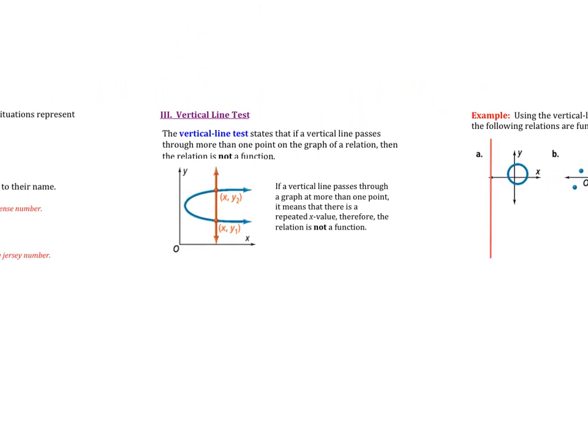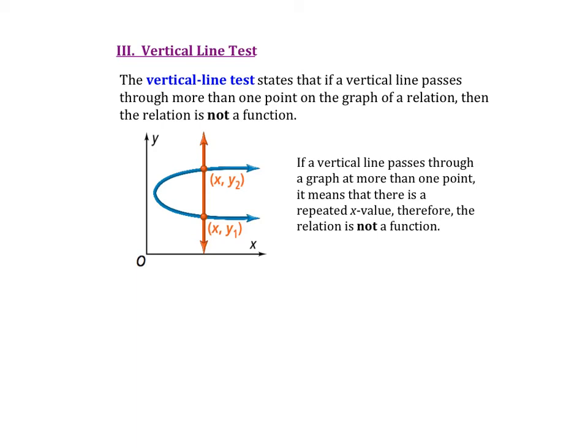Now, graphically, we can tell if a graph is a function if it passes what's called the vertical line test. And the vertical line test is when you're able to take a vertical line, or kind of like your pencil, and drag it across the graph.